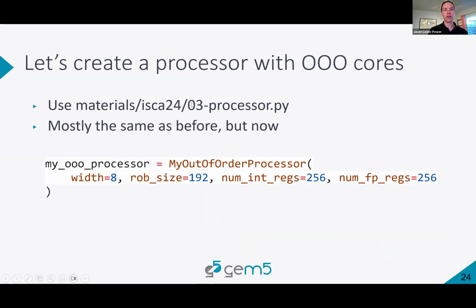We're going to be using the O3 processor.py file. This is mostly the same as what we saw in our last example, but now we've added this line that has my out of order processor instead of my simple in order. We want a width of 8, a ROB size of 192, and then integer and floating point register files with 256 physical registers. So let's pop over and see what we need to do to complete this example.